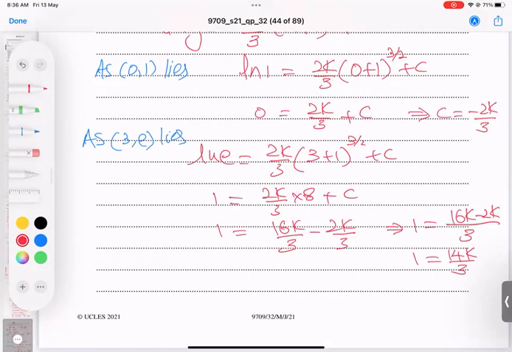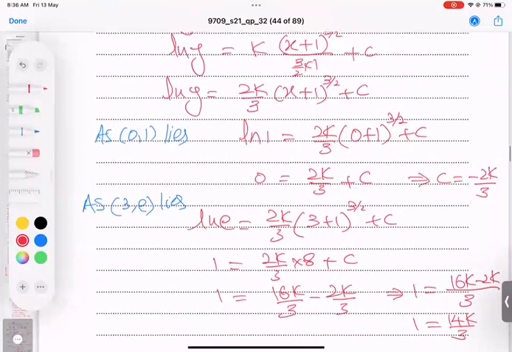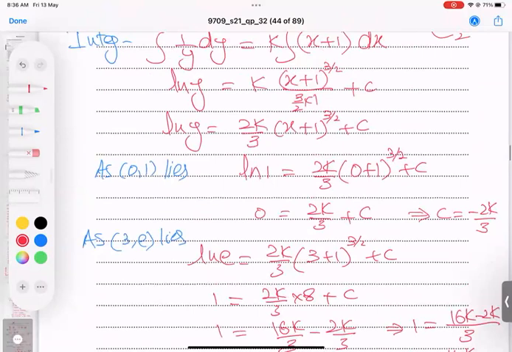After this, let me check maybe some mistake, or I think okay. Let me recheck the equations. 16 by 3, 4 to power 2. I think all okay. Let me recheck from the start here. 2k by 3.